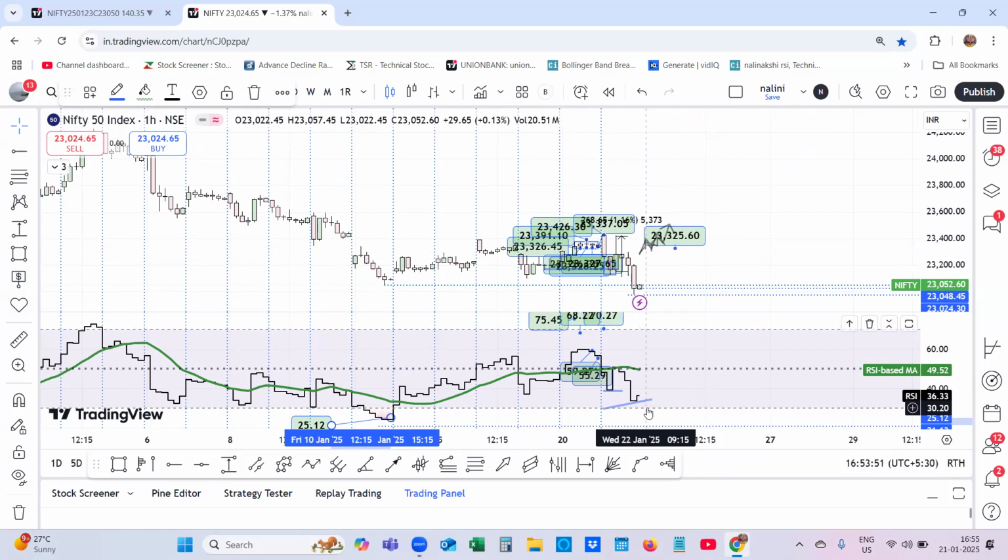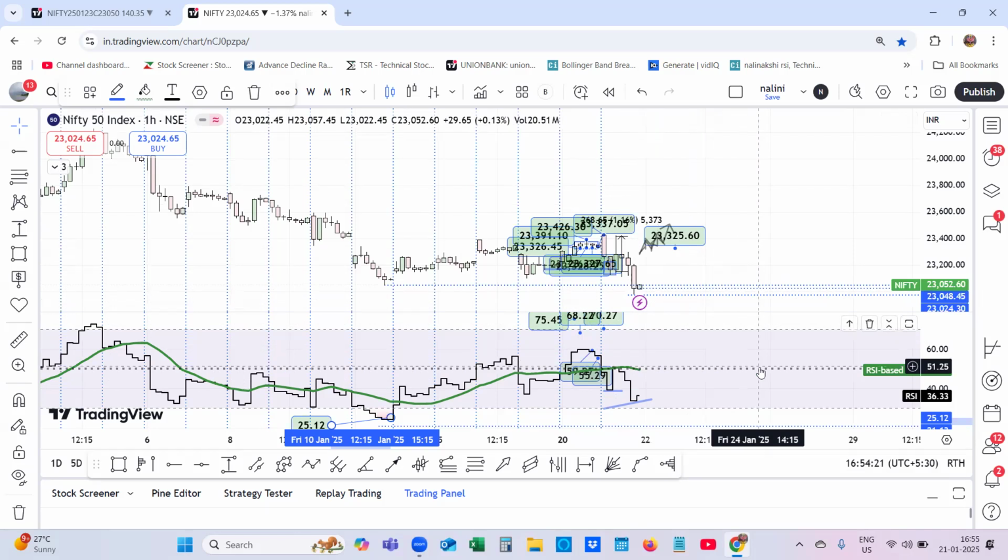Even if the market goes down, it can go down in the initial hours to the level of 23,800 or 23,600 also. It can come down. It cannot go that much because it has closed around 23,024 and today's low was 23,207.